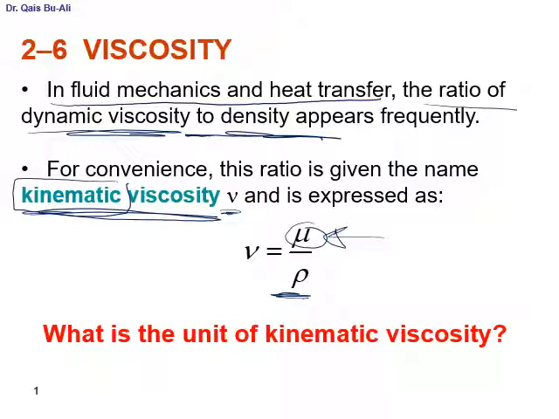Now let me ask you another question. What is the unit of the kinematic viscosity? You can think about it. You know what is the unit of viscosity, you know what's the unit of density, and you can derive the unit of the kinematic viscosity. You know how to do this.